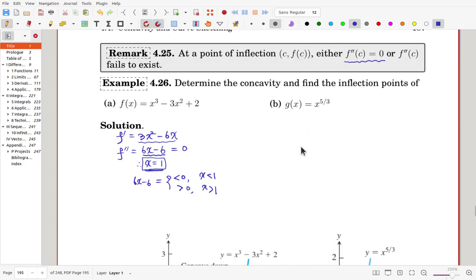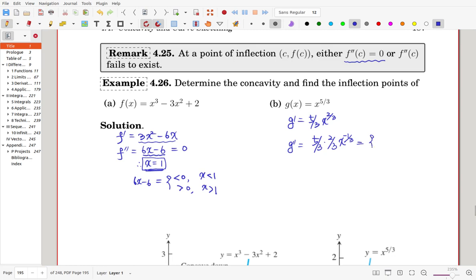But now for that example, g prime equals 5 over 3 x to the 2 over 3, and g double prime is 5 over 3 times 2 over 3 times x to the minus 1 over 3.